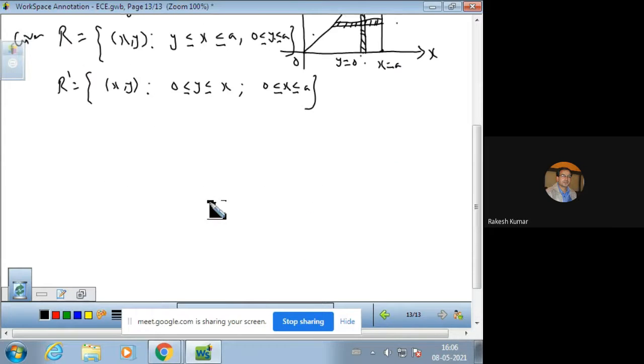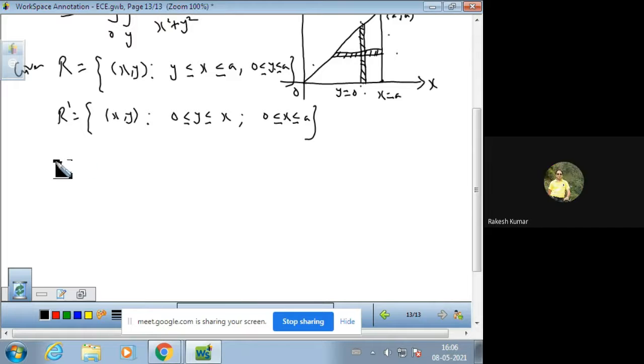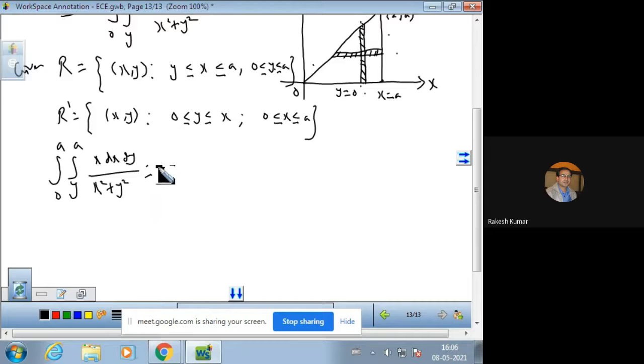Now you can evaluate the integral, 0 to a and y to a, x dx dy upon x square plus y square. As we change the order, 0 to a are the limits of x, 0 to x are the limits of y, and you will integrate with respect to y first.